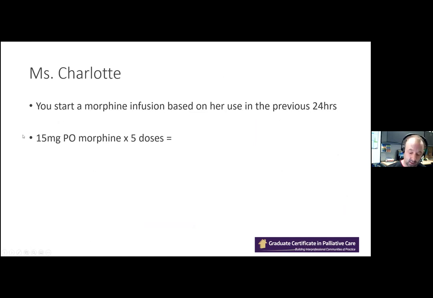So let's take a look at her opioid use in the last 24 hours. So she's had 15 milligrams of oral morphine 5 times for a total of 75 milligrams of oral morphine. And again, especially when you're using different opioids or changing administration form, we'll do these calculations a lot.